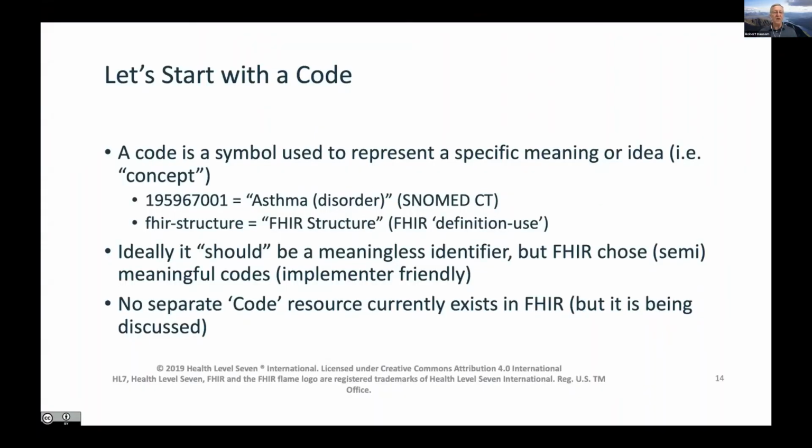And so we want to start out with a code. A code is a symbol that's used to represent a specific meaning or idea, in other words, often called a concept.